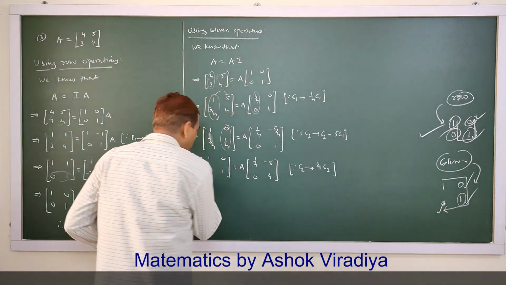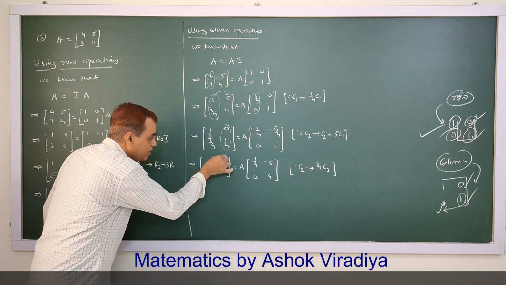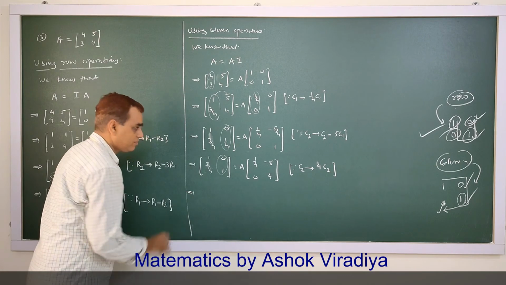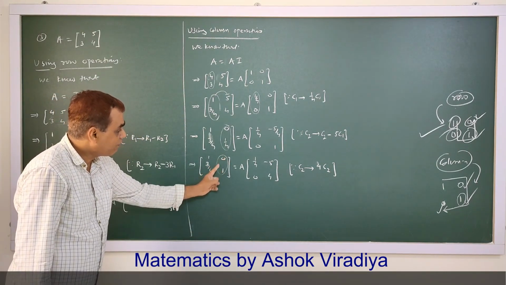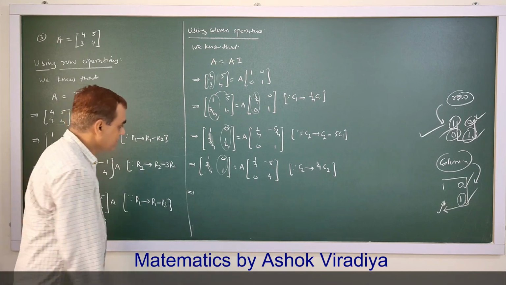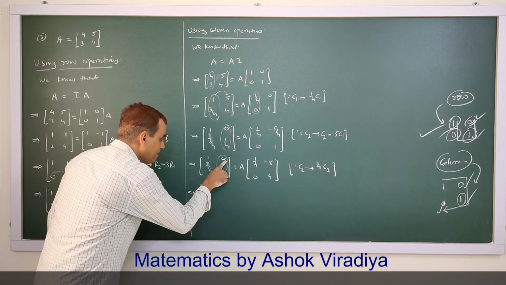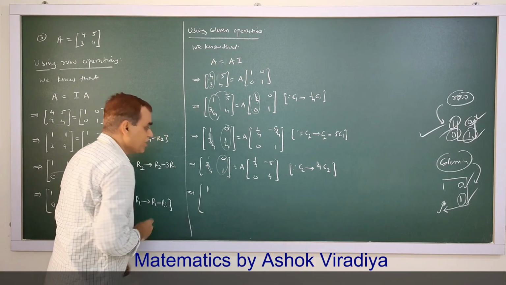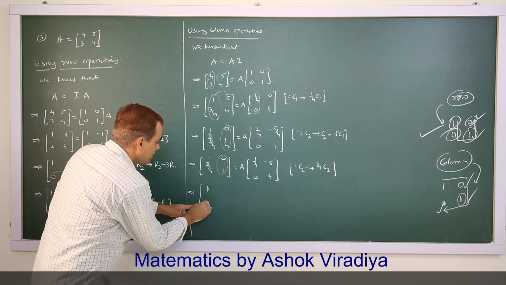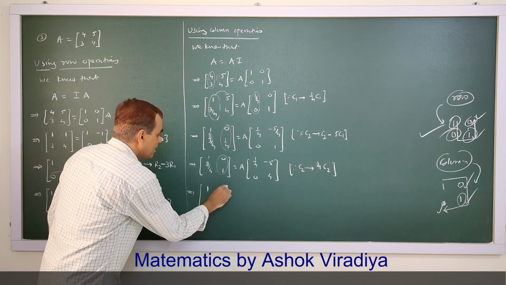So to get 0 here, we use the second column. Second column, multiply by 3 by 4 and subtract here. Multiplying this by 3 by 4, 0 into anything is 0. Subtract here, so 1 is unchanged. 3 by 4, so here 0. 0, 1.